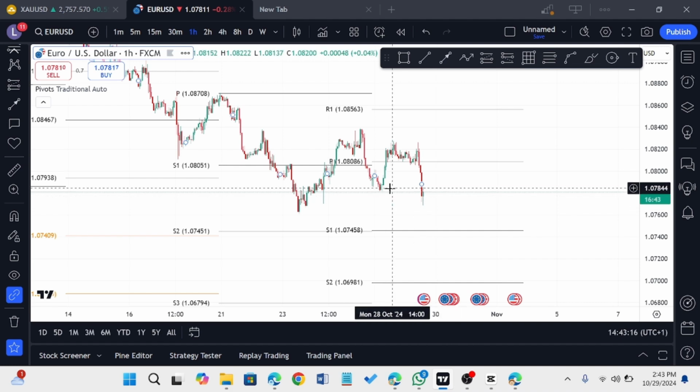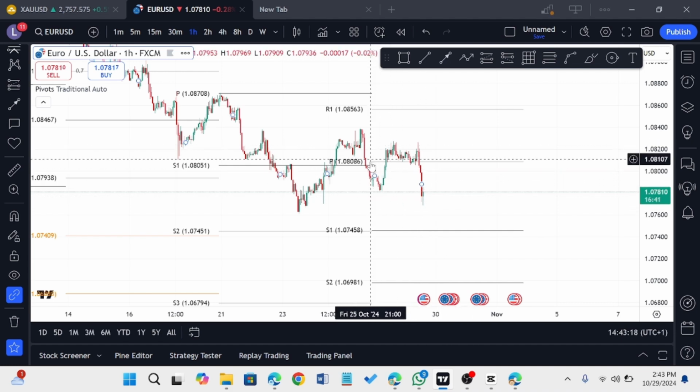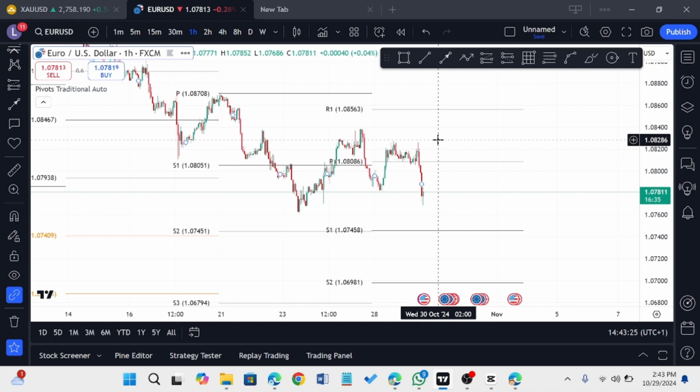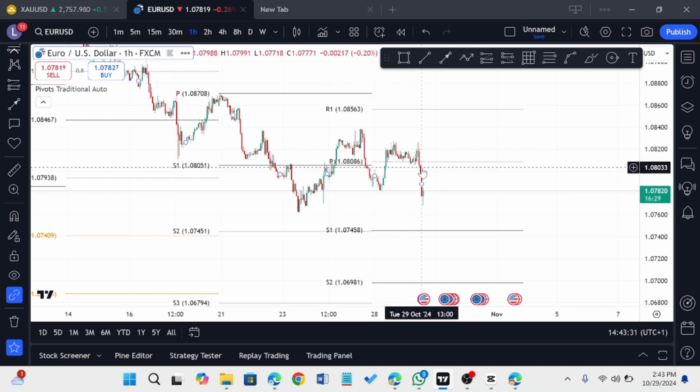The central pivot serves as a key reference, which is this P, serves as a key reference for market buyers. Price action above this level suggests a bullish sentiment, while trading below the central pivot indicates bearish pressure or a bearish sentiment.